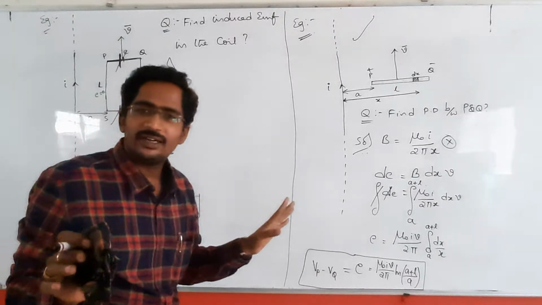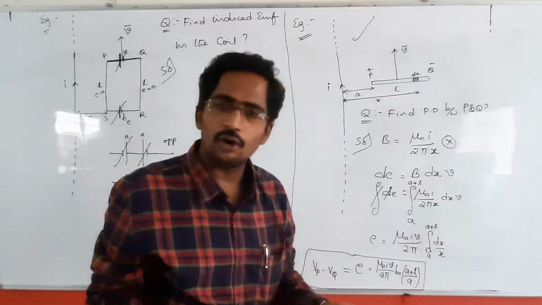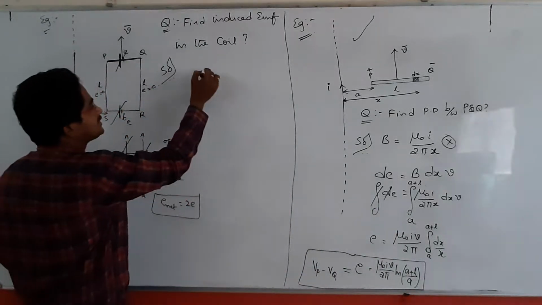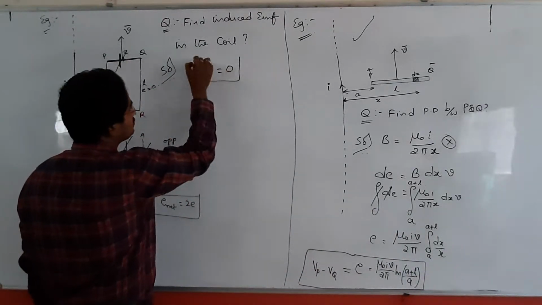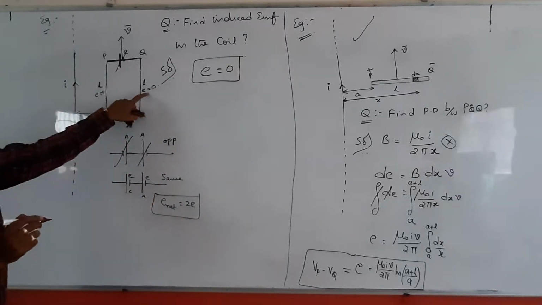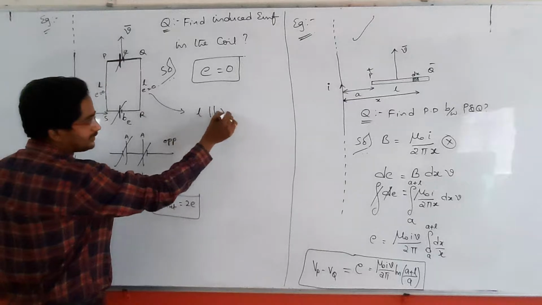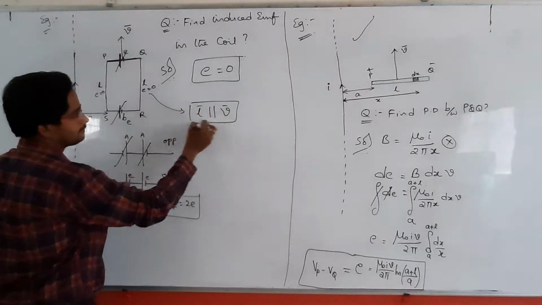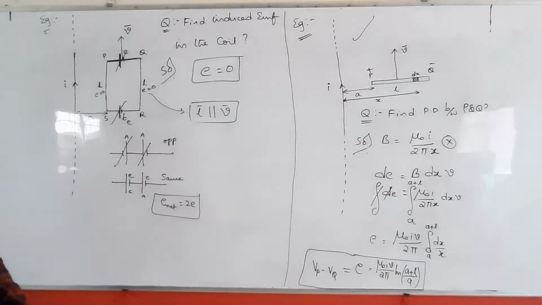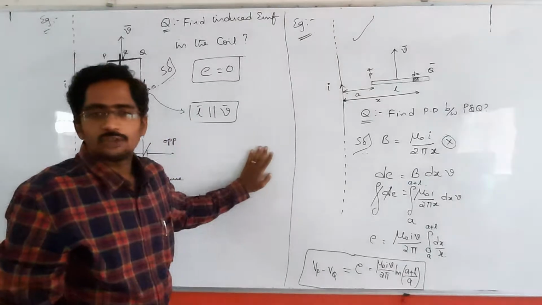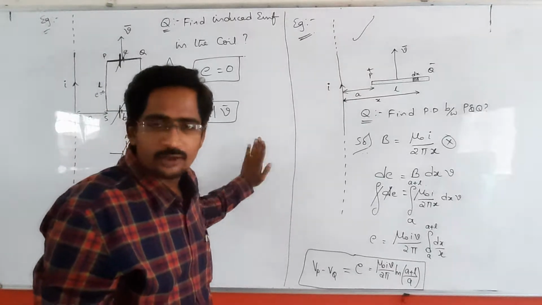So the net EMF induced across the coil is 0. The final answer is 0. Why is the EMF 0? Because L is parallel to V.